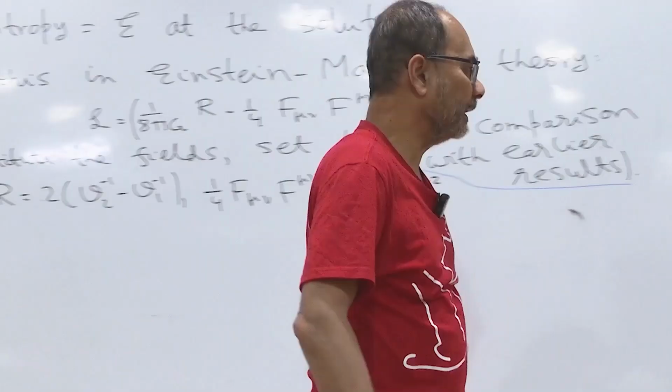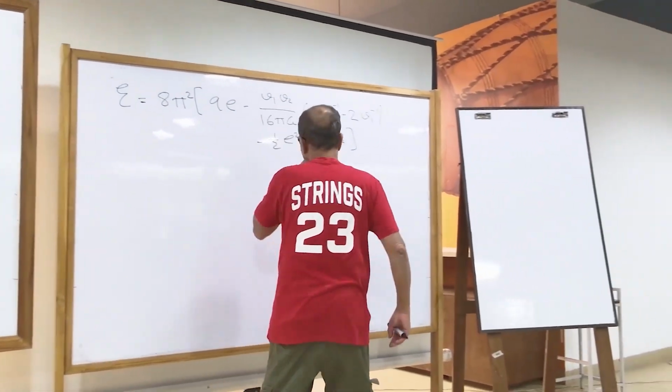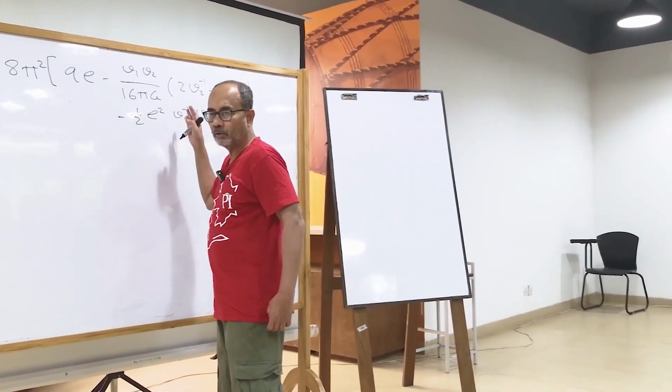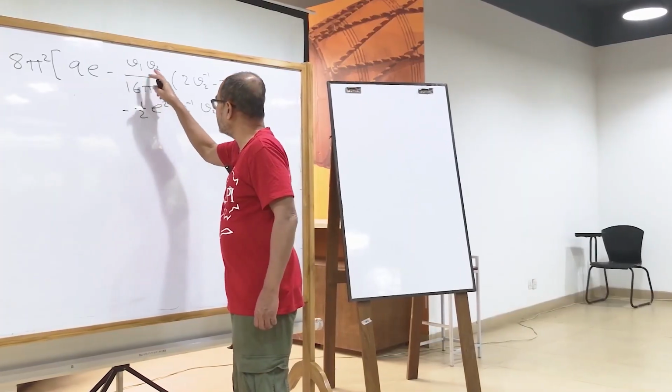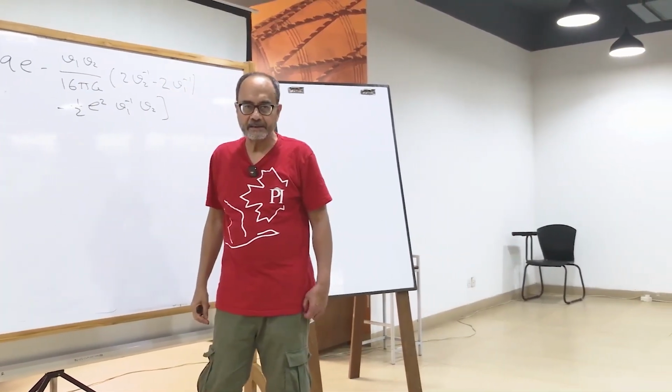This is our entropy function. And now the idea is that you have to extremize this with respect to the parameters E, V1, V2. These are the three parameters.